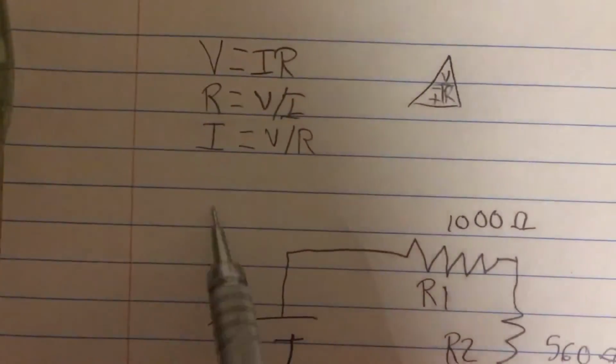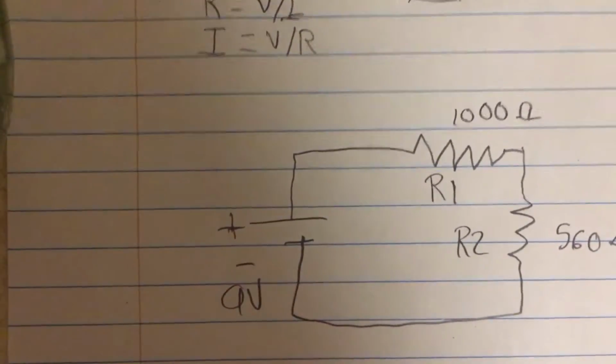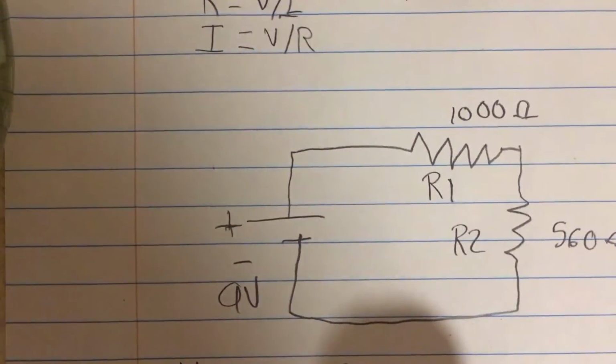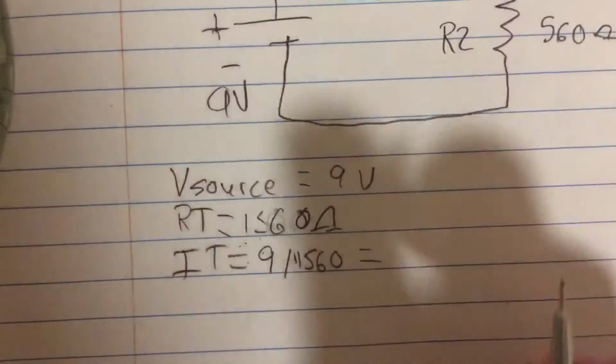So that means our I total must equal 9 divided by 1,560 ohms.